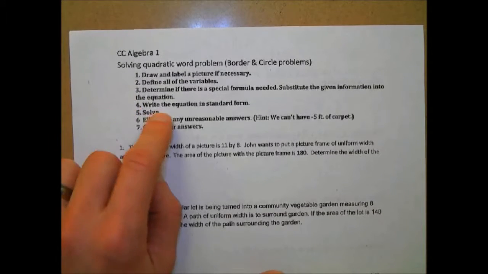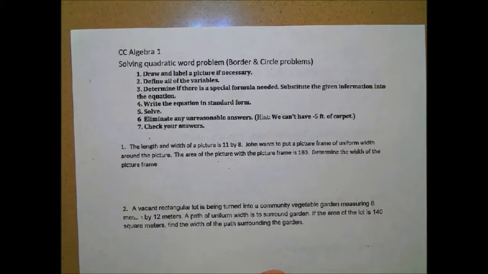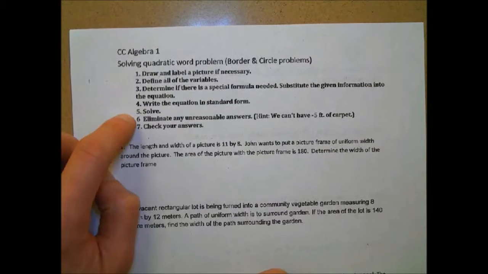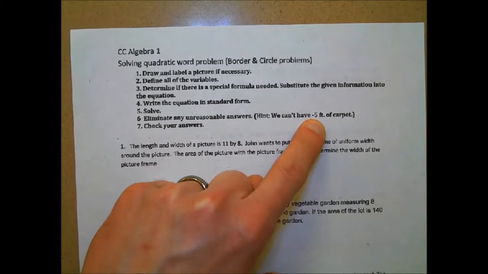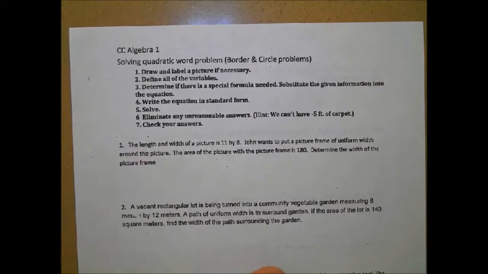Since we're going to end up with a quadratic here, it might be helpful to write it in standard form, although it may not be necessary, and I'll show you what I mean by that. Number 5 will be solve. 6 will be to eliminate any unreasonable answers, because, for example, it doesn't make sense to have -5 feet of carpet. Since we're in a context now, we want to be a little more careful. -5 feet of carpet, who buys that? You can't. And then finally, we'll check our answers.